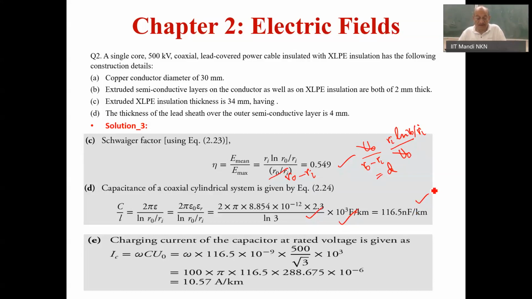The capacitance of the cable for 1 kilometer length will be 116.5 nanofarad. And the charging current, then you have to calculate, IC is equal to omega C U, as I mentioned. Omega is 2 pi f, so that is 100 pi, and capacitance is 116.5 into 10 to the power of minus 9 farad, multiplied by U naught, which is equal to 500 upon root 3.